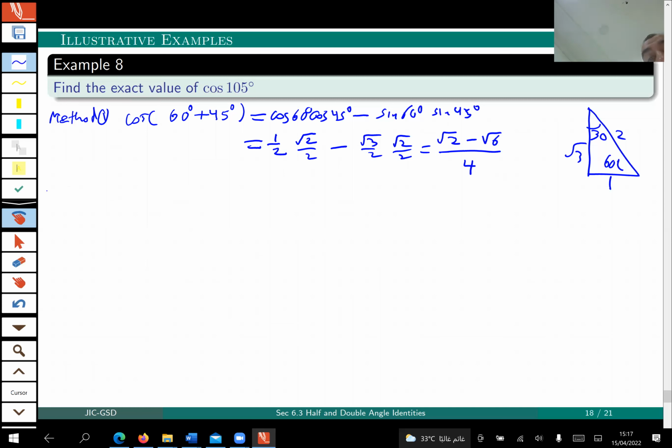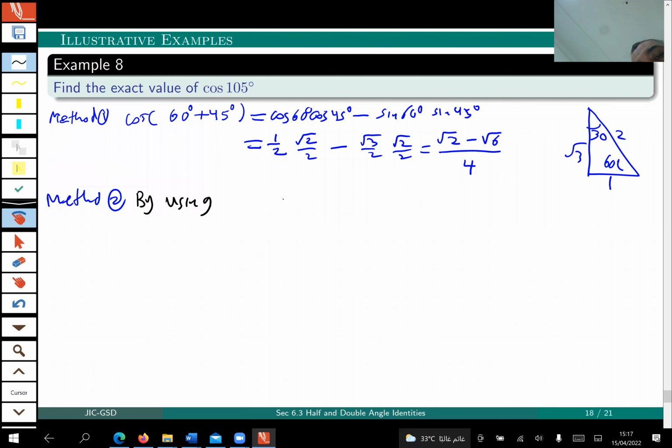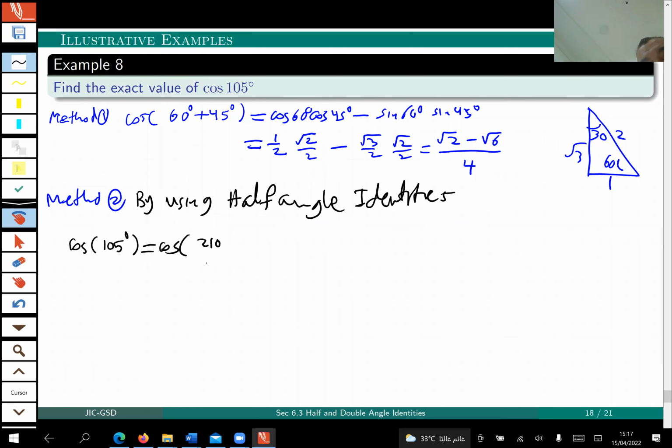That's using section 6.2, which is the lecture. Now we're using half angle identities. We need to say 105 degrees is 210 divided by 2. So it's also negative cosine, so it will be negative square root of (1 plus cosine 210) over 2, because both are cosine.